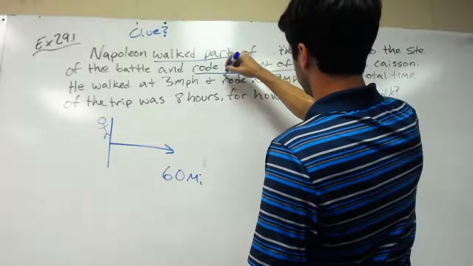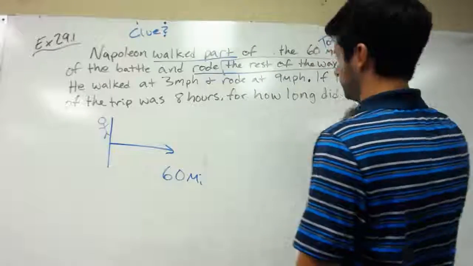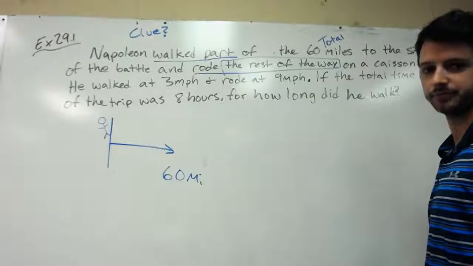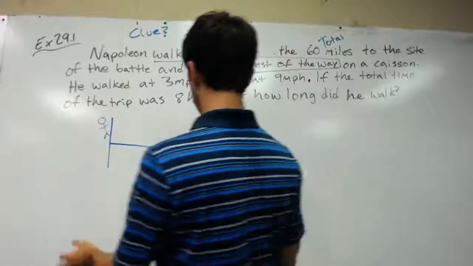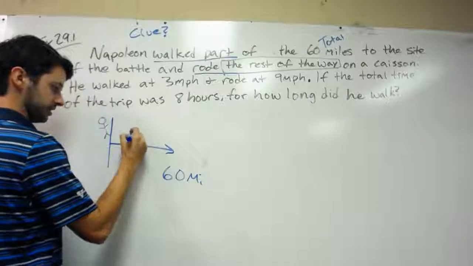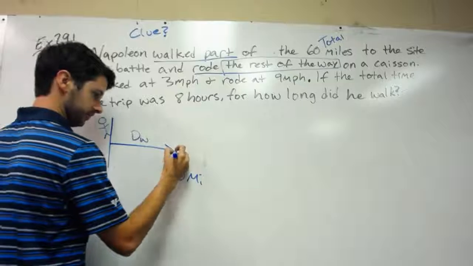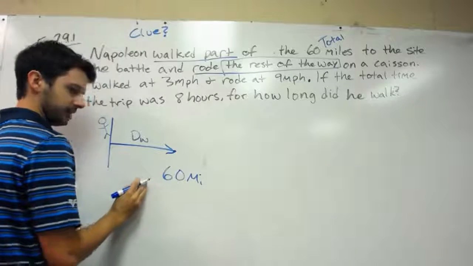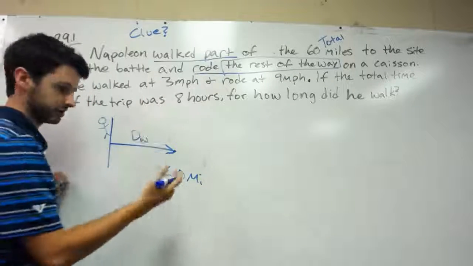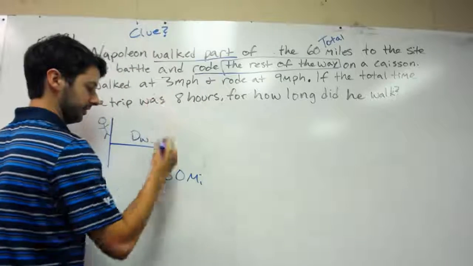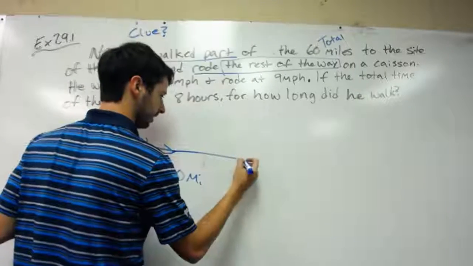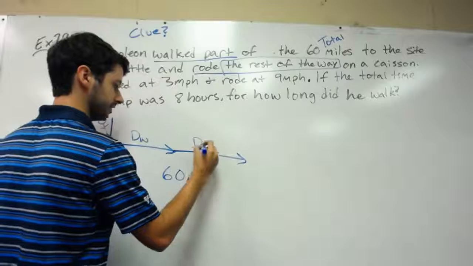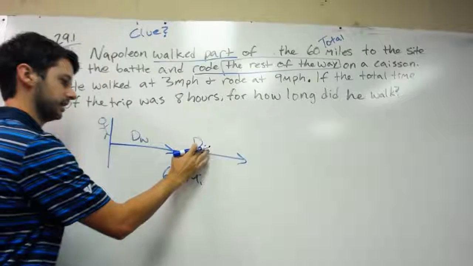Okay? The rest of the way is really the key there. It tells us, okay, this is his distance walked. He stopped walking, got tired, beckoned for a horse, or a caisson, whatever that is. I'm guessing it's a type of horse. I have no idea. And then this is the distance he went on the caisson. I'll put distance rode.